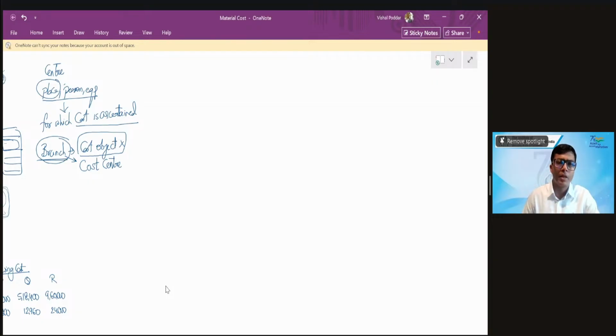Similarly, let us say in coaching academies, like in case of our LVC class, we have multiple faculties. Now, many times when your work is person driven, same as a branch, you would like to know what is the cost per faculty.